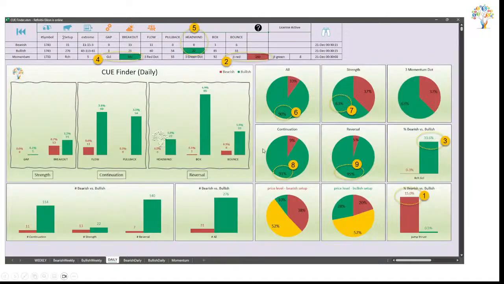Daily breadth is different. Very strong overall bullish. Strengths are also bullish, continuation bullish, even reversal bullish with a significant number of reversals on the bullish side. This allows me to buy. On top of that, it hit jump thrust low, so much so that it had a jump thrust low alert, oversold alert, extreme oversold alert here also.